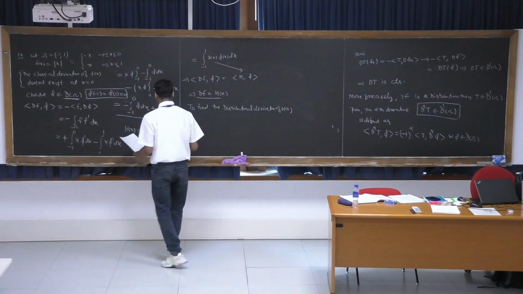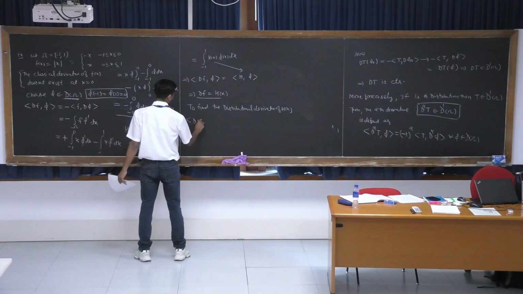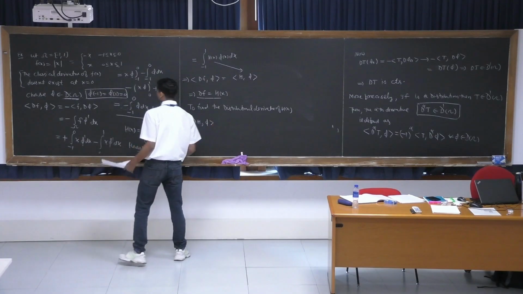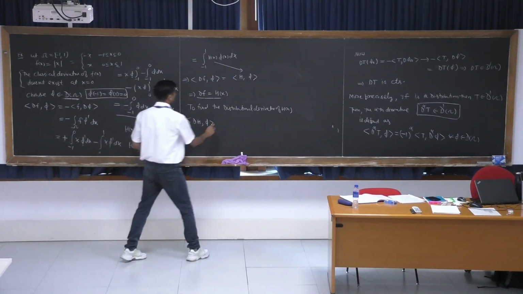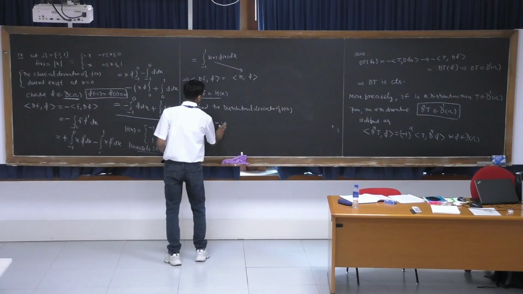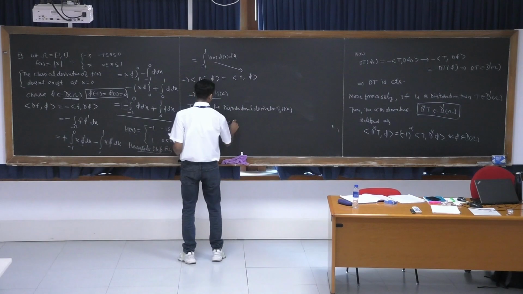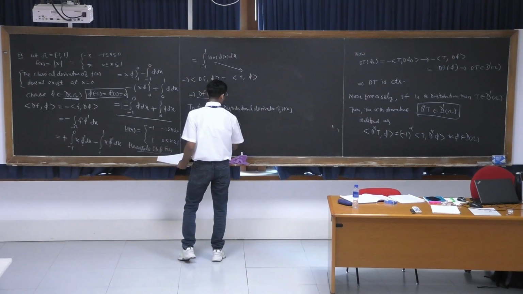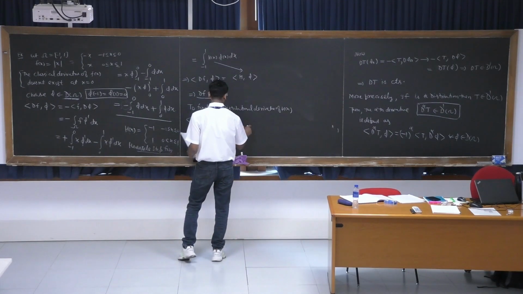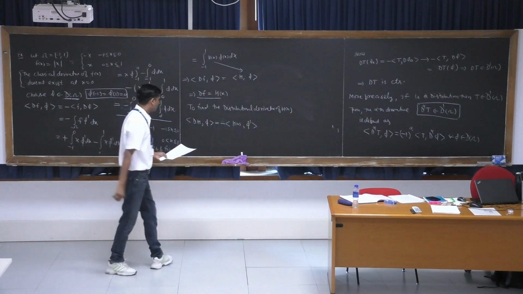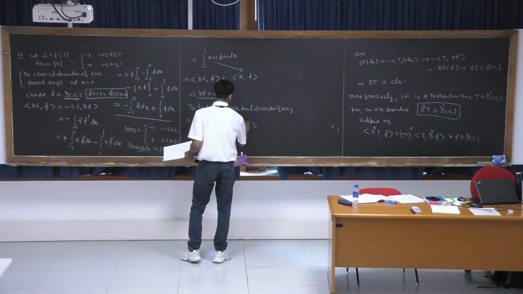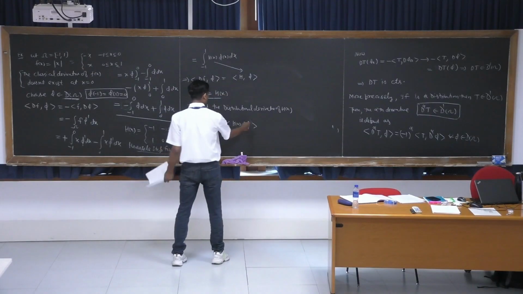start again with the same thing, start with dH applied to phi, and apply the definition of the distributional derivative, that is equal to minus of the integral of H(x) phi dash. In place of phi, if you want to say d, then this becomes phi dash.